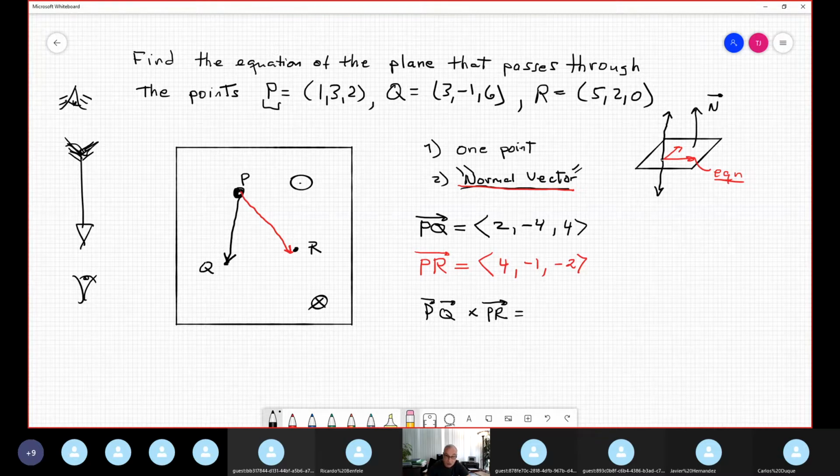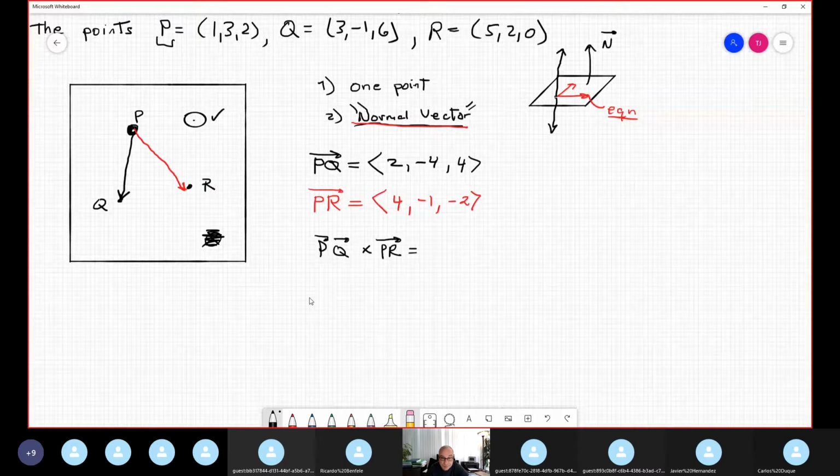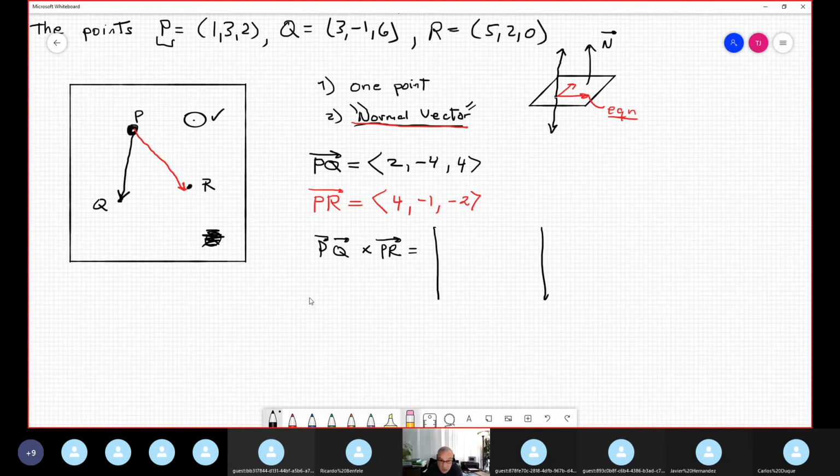So the direction of this vector is like that. Not like that. Making sense, right? And to compute that, this is the mnemonic device to compute the determinant with i, j, k.